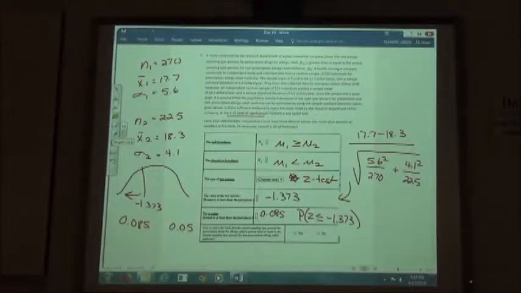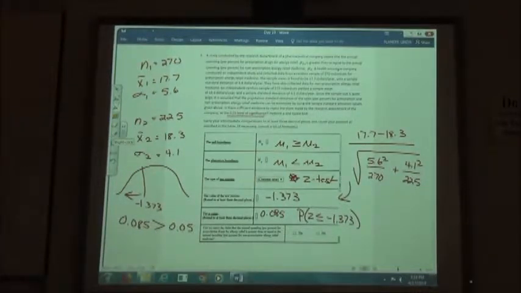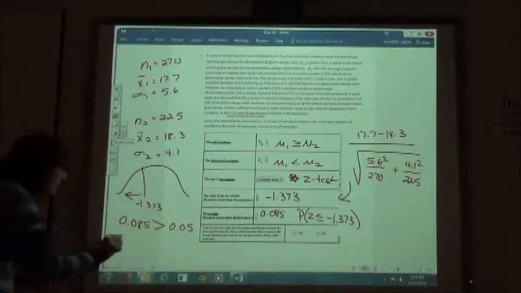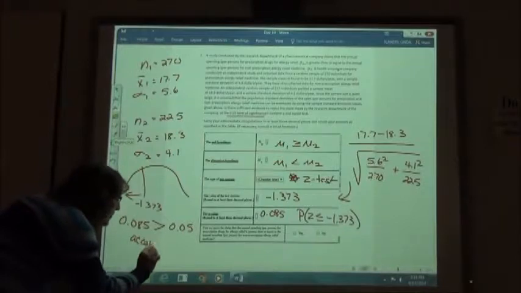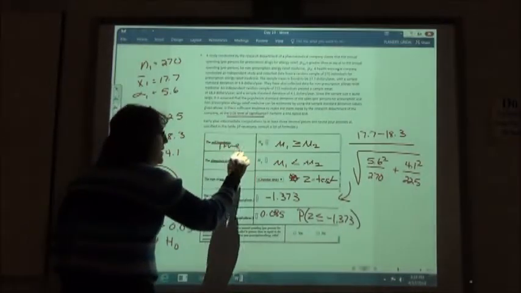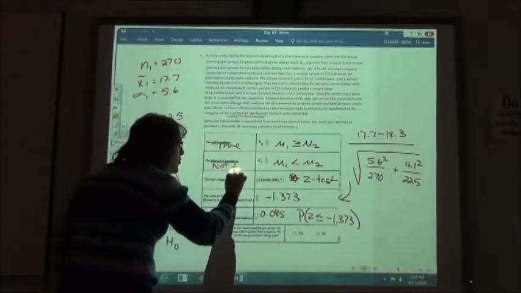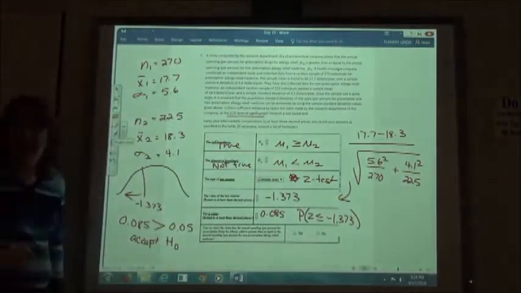That's greater. And if this is greater than, we are going to do what with our null? Accept that the null is true. Accept the null. So this is our true statement, that we are greater than or equal to. The not true statement is that we are less than.